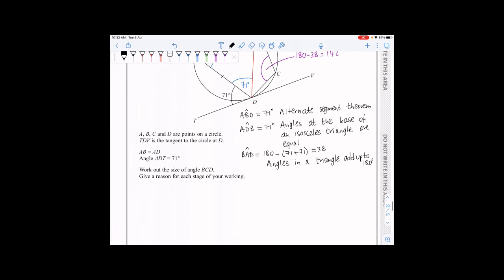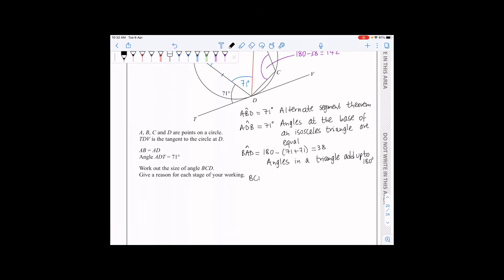So BCD is 142, and the reason is opposite angles of a cyclic quadrilateral add up to 180 degrees.